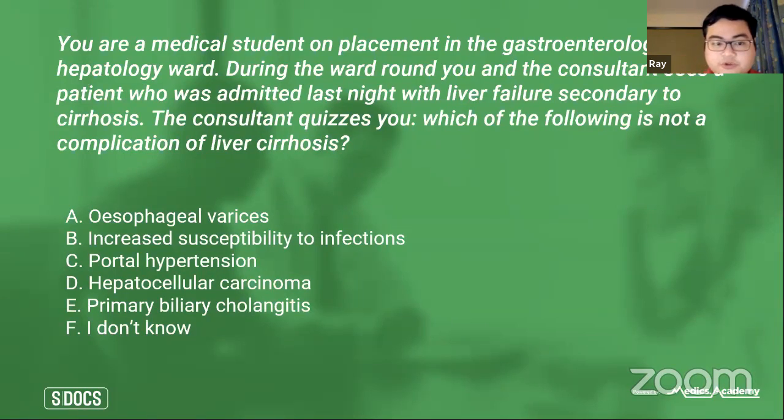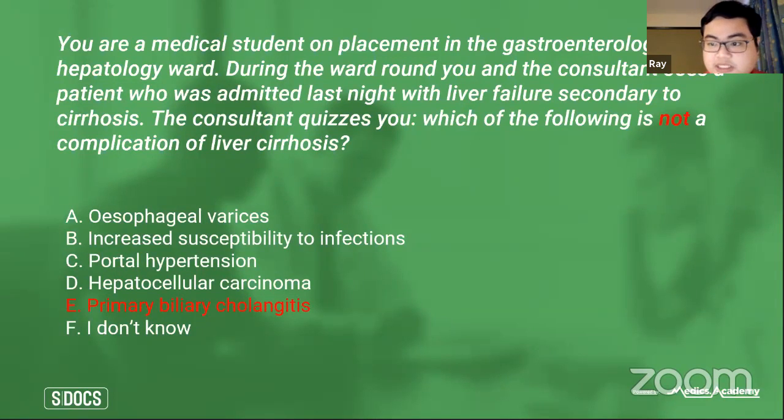Right, so the question asks, which of the following is a complication of liver cirrhosis? And the correct answer is E. So if you chose primary biliary cholangitis, then you're correct. I'll explain why E is the correct answer in a minute.